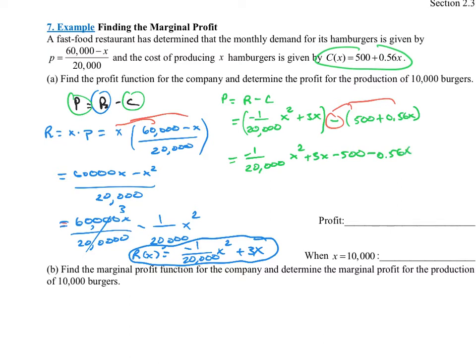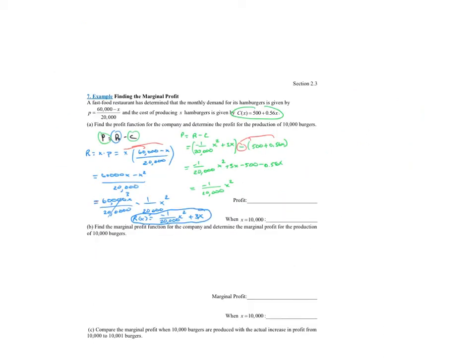We can clean that up. Let's write it in descending order. Again, this is negative 1 over 20,000 X squared. I'm going to combine the 3X minus 0.56X. That would be plus 2.44X. And then I still have the minus 500. So that is my profit function right there.